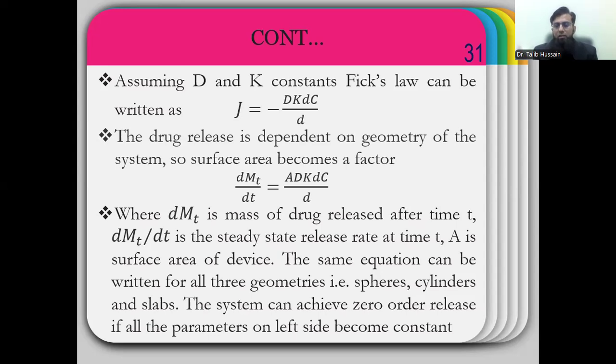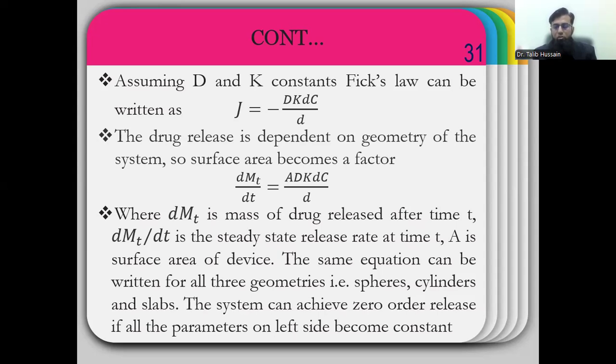So if area is added here, it becomes the amount of change of the drug per unit time as a constant rate. So it will depend on A, K, D, dc over dx. The equation can be demonstrated for all kinds of systems which are formulated, all kinds of geometries which are formulated.